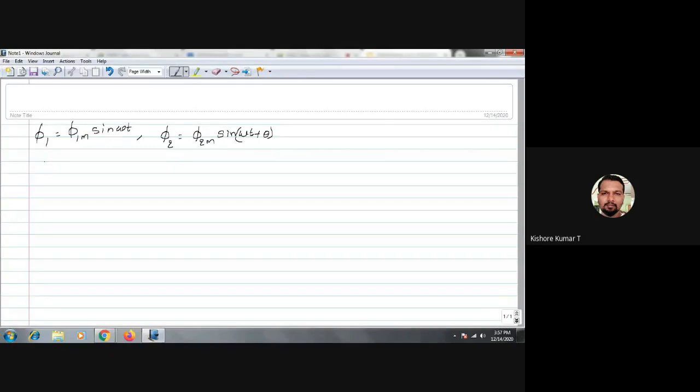Okay, so these fluxes will induce EMFs in the disk. Let E1 be the induced EMF due to flux phi 1. E1 is proportional to d phi 1 by dt. According to Faraday's second law of electromagnetic induction, the amount of EMF induced in a coil is directly proportional to the rate of change of flux.